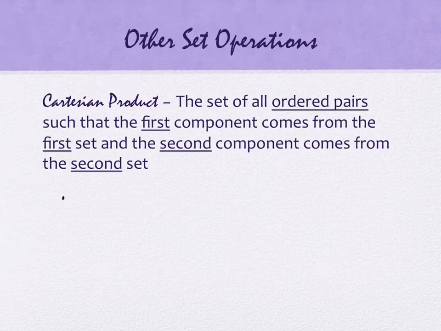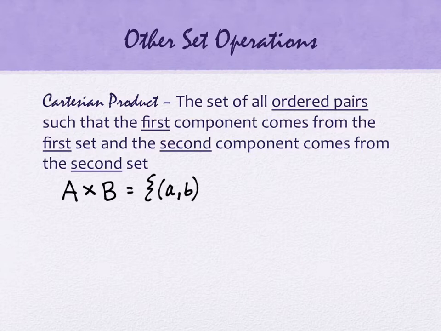It says Cartesian product, so it looks like multiplication with that cross in the middle, the X. And what this is, is the set of all ordered pairs (a, b) such that a is an element of A and b is an element of B.